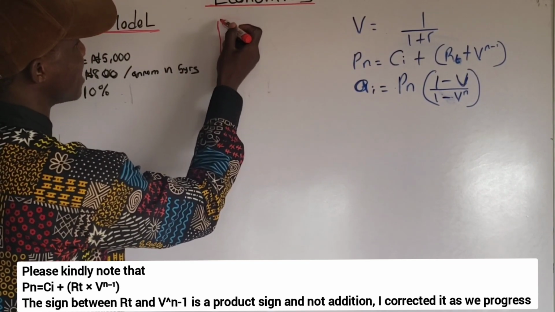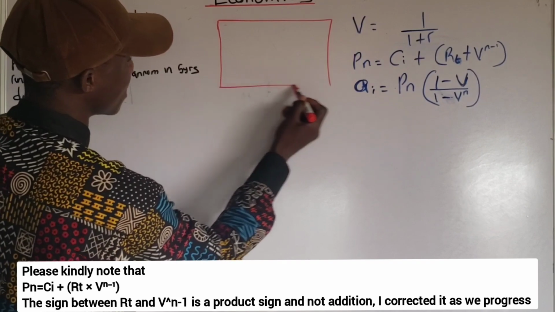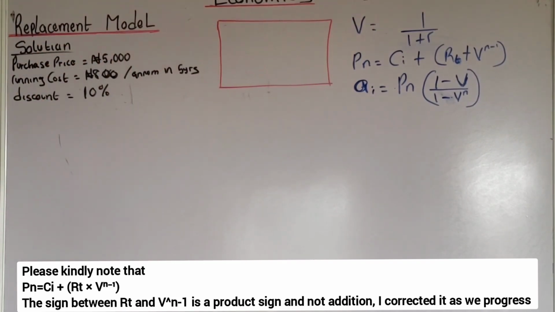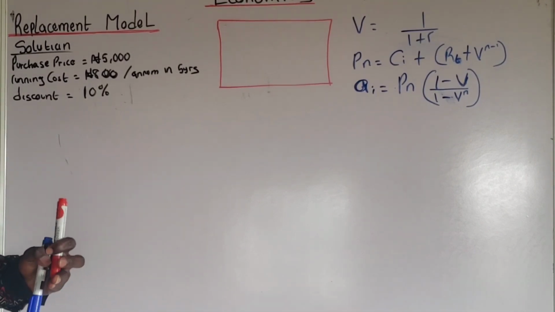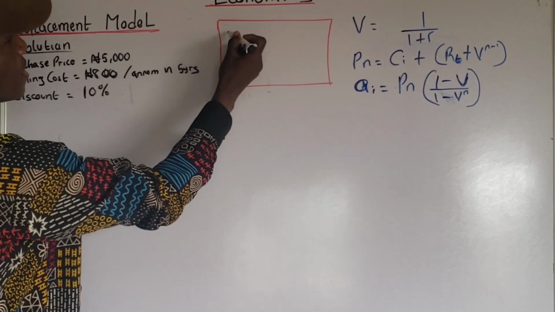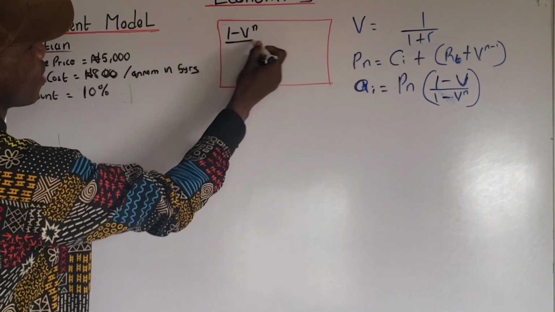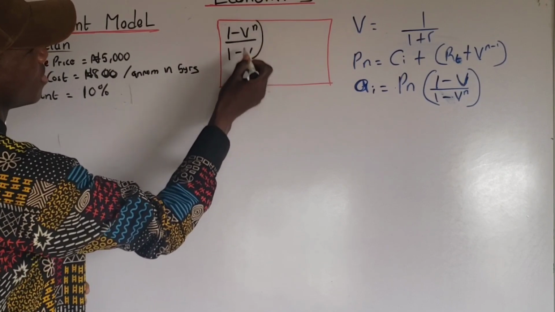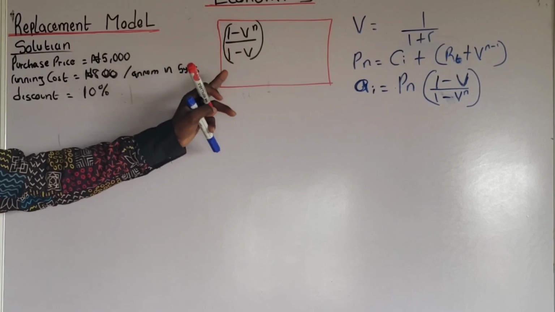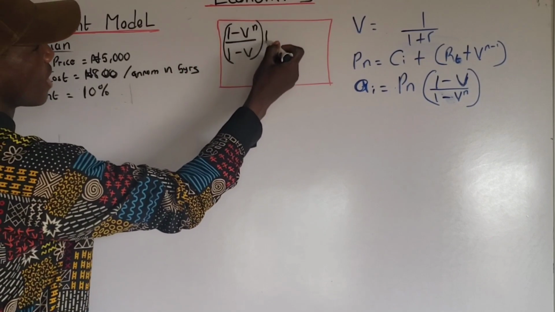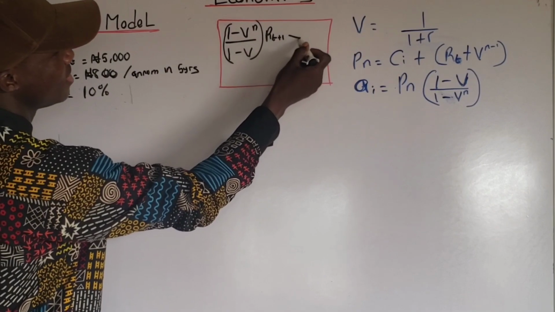The time to replace the asset is when 1 minus V raised to the power of n all over 1 minus V, multiplied by RT plus 1, is greater than Pn.